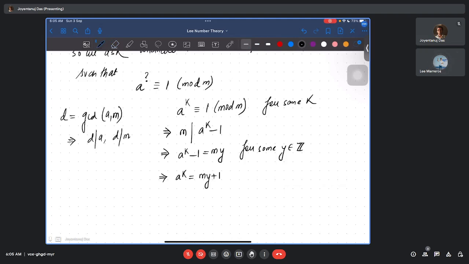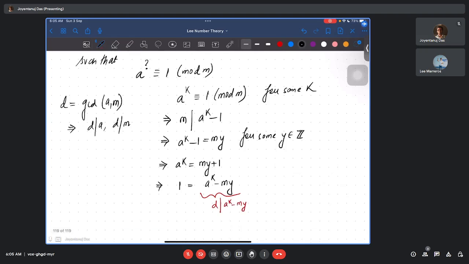From here, I have 1 equals a power k minus my. Since D divides a and D divides m, D must divide this quantity, because a power k and my are both divisible by D. This will imply that D must divide 1. So this forces D to be equal to 1.